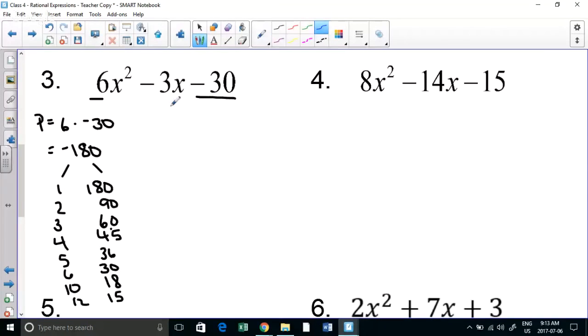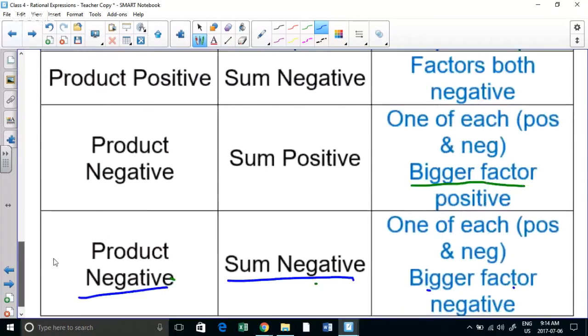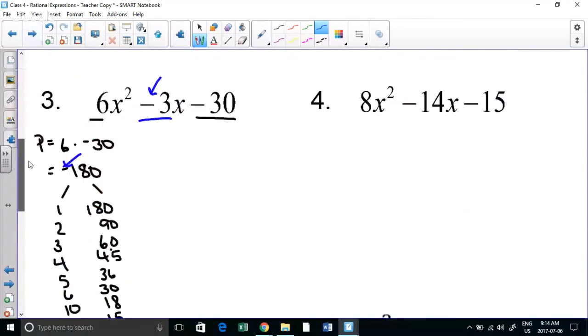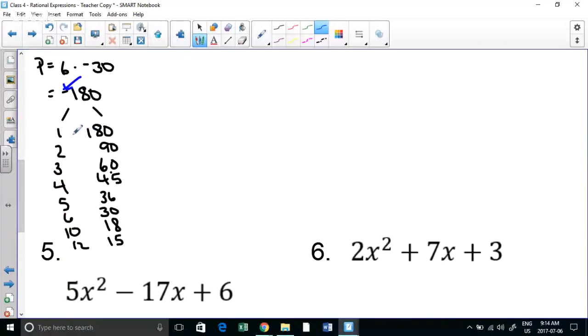So I have my sum is negative, my product is negative. So I go to my table and I say my sum is negative, my product is negative. So I have product negative, sum negative, means that the bigger factor is negative. So back to my list and I say the bigger factor is negative, meaning this whole column goes negative.